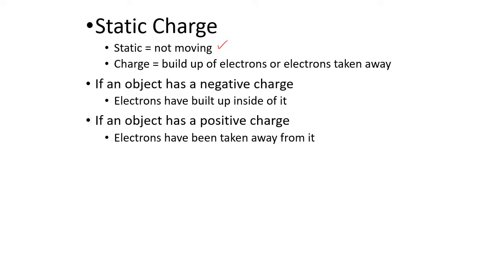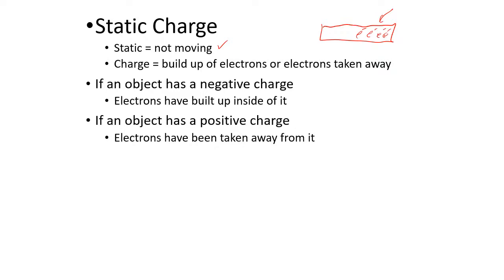So if you have an object right here, and a whole bunch of electrons build up right here, these are electrons that are not moving, so they're static, and they have a charge. This is what a static electricity, or a static charge, is.